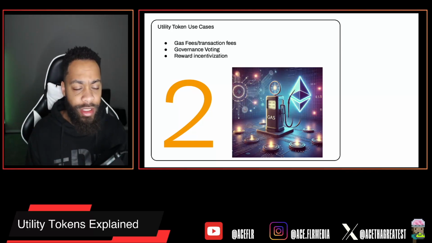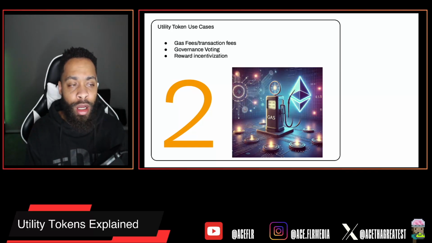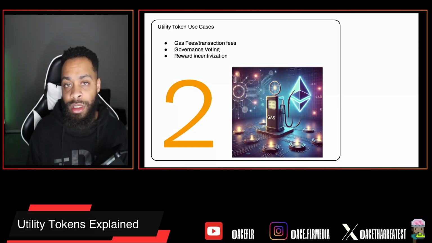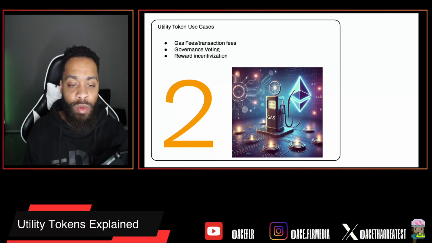Then there's reward incentivization. Usually if a blockchain or a project wants to influence a certain type of behavior, they'll reward you to perform those actions that they want you to perform. So if they want more stakers, then they'll offer rewards for those that stake.